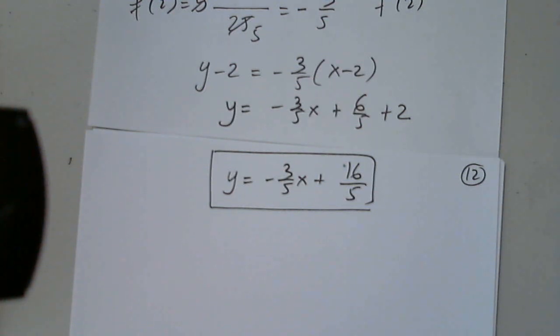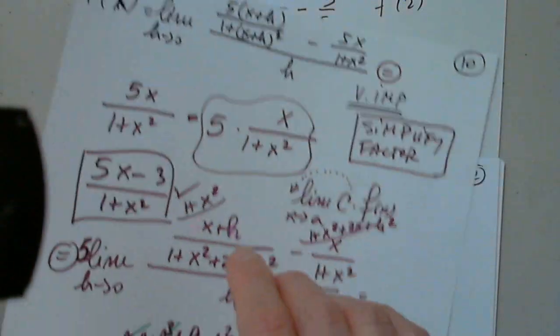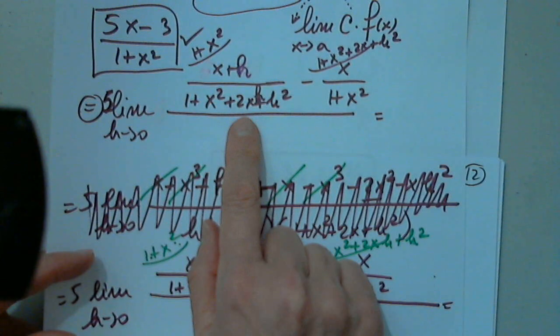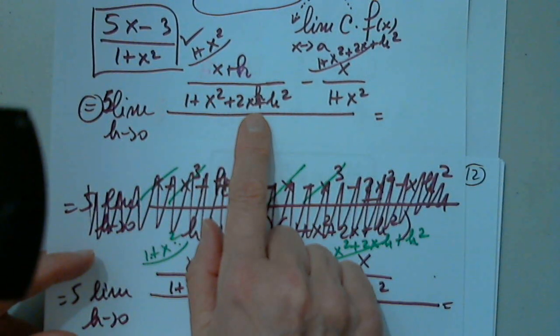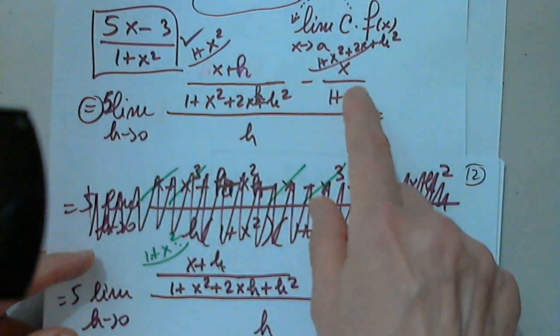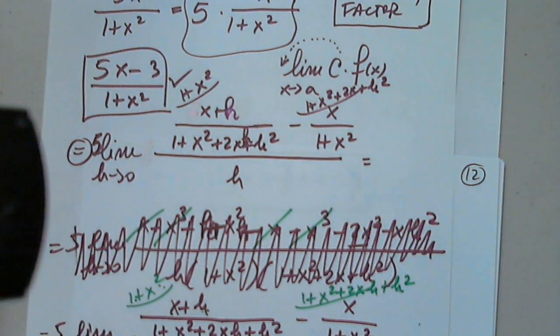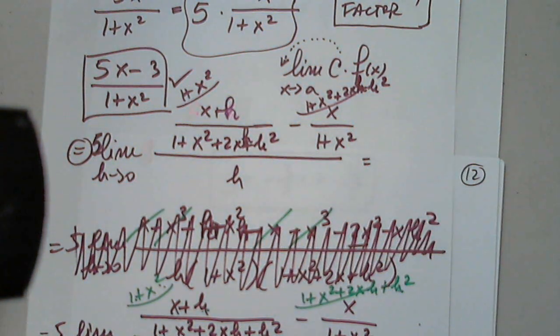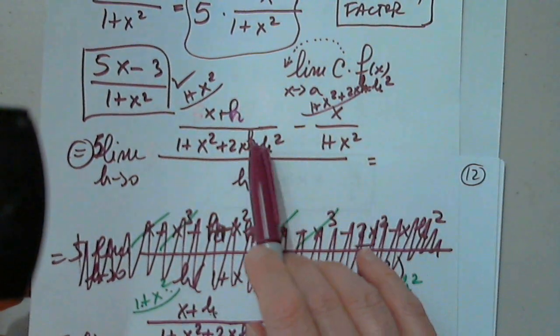Are you able to verify that there wasn't any lingering mistakes? No. What happened is I did not write the 2xh here. I just wrote 2x by mistake instead of 2xh. And that messed me up because that's required here, the h. That was the only error.